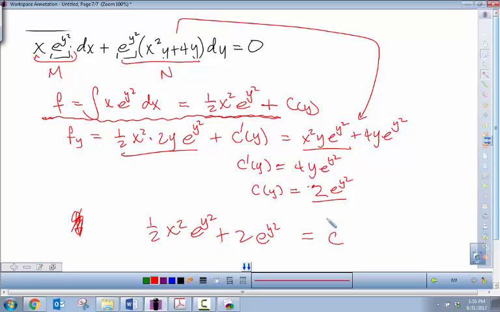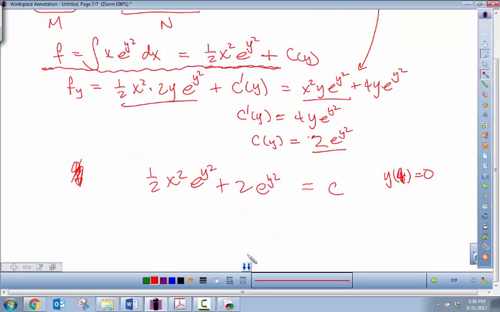All right. What was our initial condition? y of 4 equal to 0. So y is equal to 0, x is equal to 4. So let's solve for this. 1/2 times 4 squared times e to the 0 plus 2 e to the 0 is equal to c.